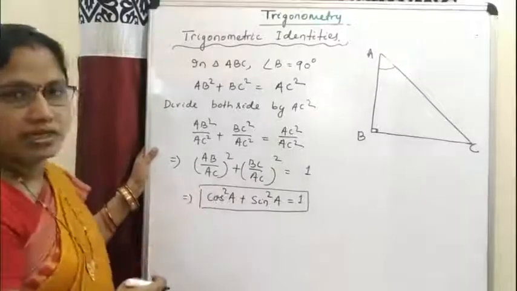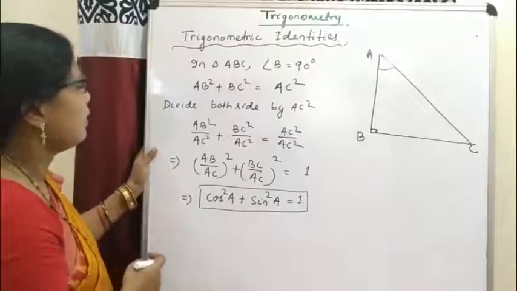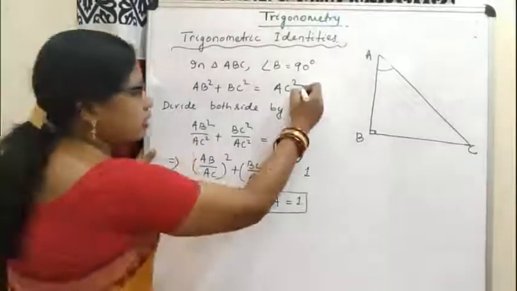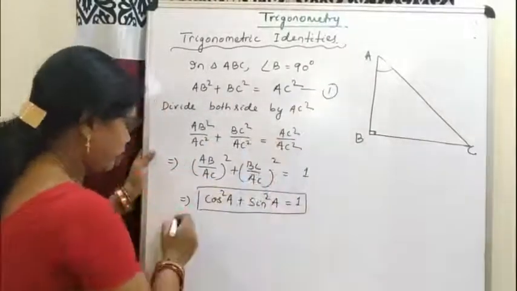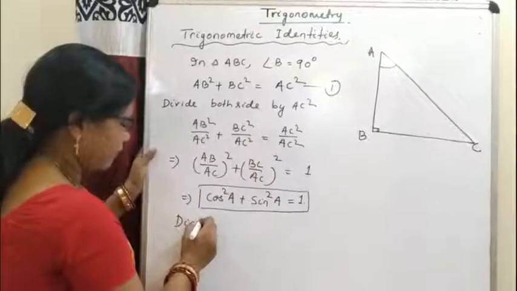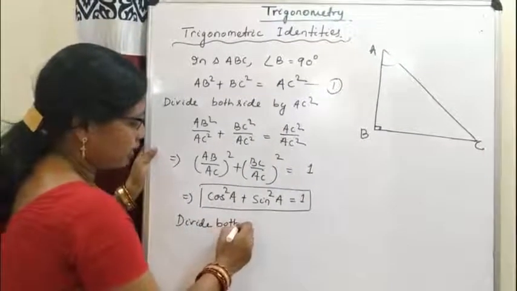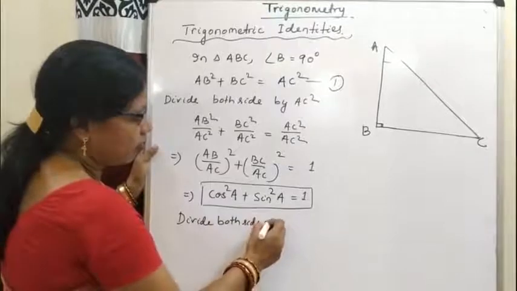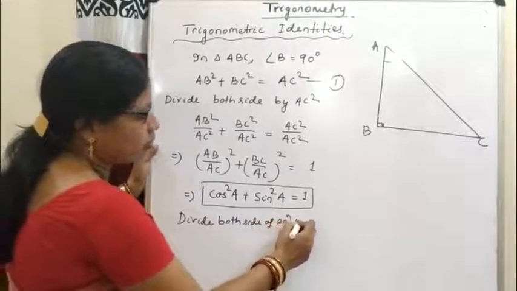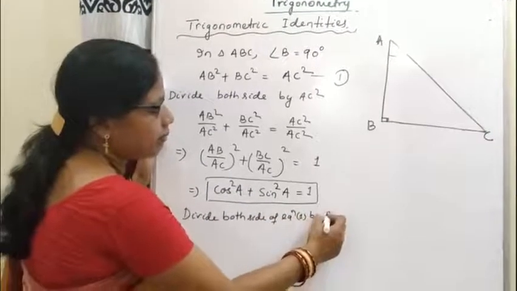Next, the identity we have to find. Let this be equation 1. Divide both sides of equation 1 by AB square.